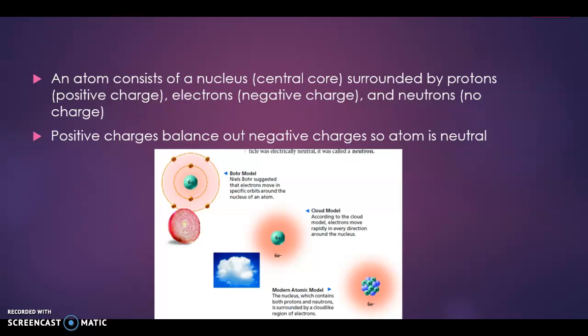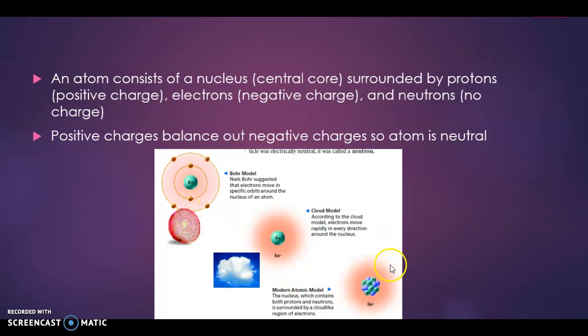These are the models. The modern atomic model looks like this. It's gone from what I learned back in the late 90s to what we have right here, this cloud, versus a model here which includes the cloud and then the nucleus, which shows positive and neutral particles in it. But this idea was still around because we have these different levels of electrons, and we're going to talk about those different levels.